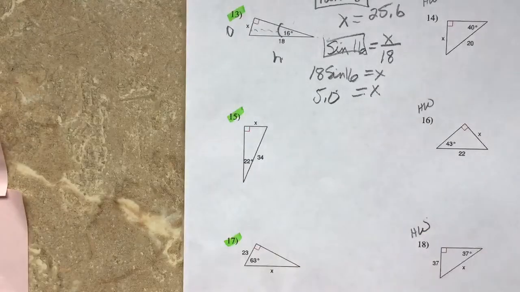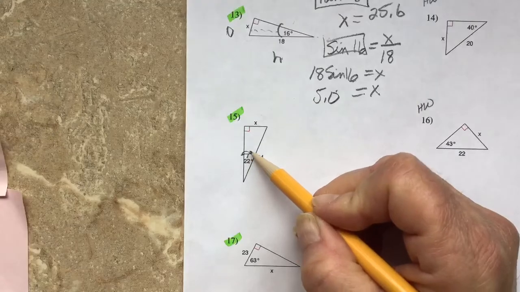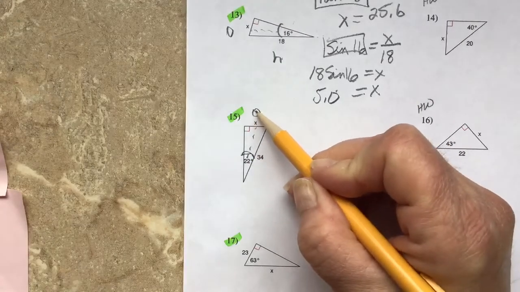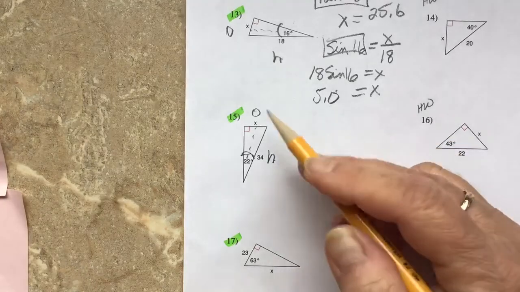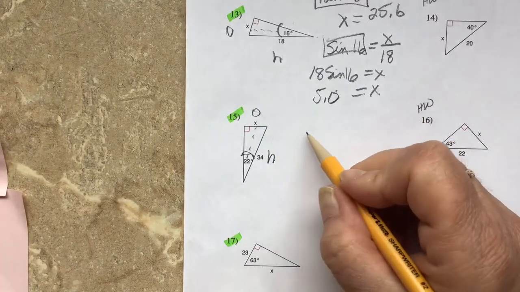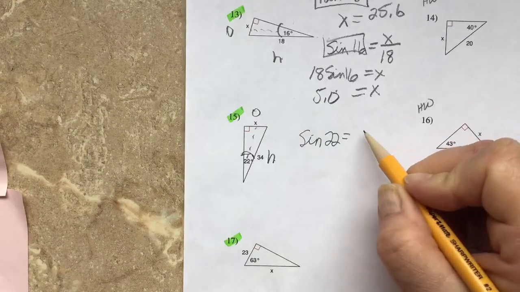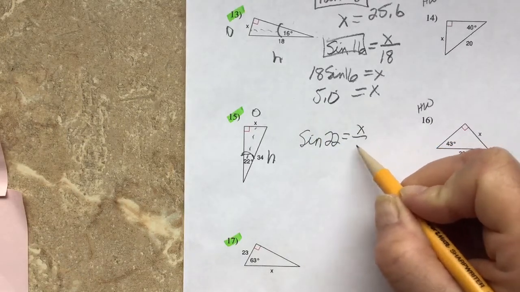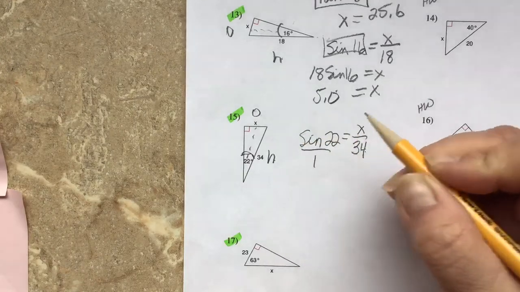Okay, number 15, scoop your reference angle, travel across the triangle. This is opposite. Your hypotenuse is here on the 34. So O and H, again, we're going to use sine. So sine 22 equals opposite over hypotenuse. Lock together, cross multiply.